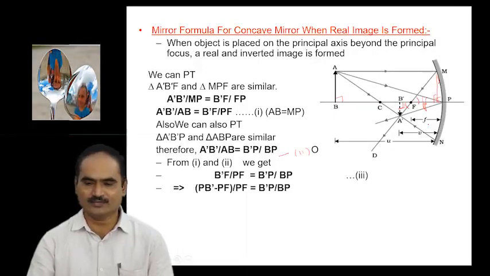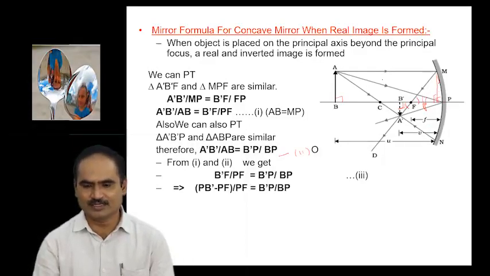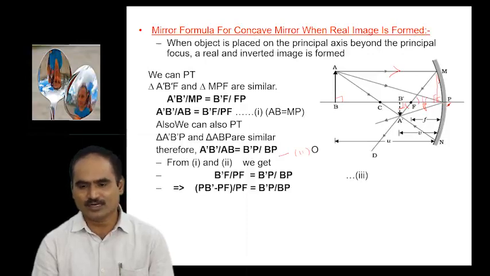U, V and F. All these measurements are on the left hand side, that is opposite to the direction of incident ray. So you see here, the incident ray is going like this, and you are supposed to measure all the measurements from the pole, right? And you are measuring in this direction, so therefore all the measurements should be taken as negative.